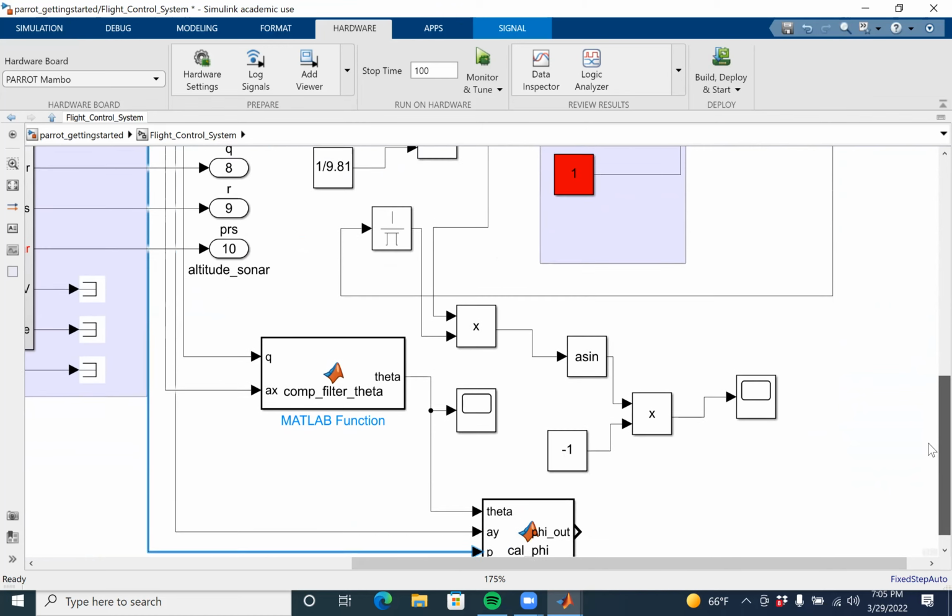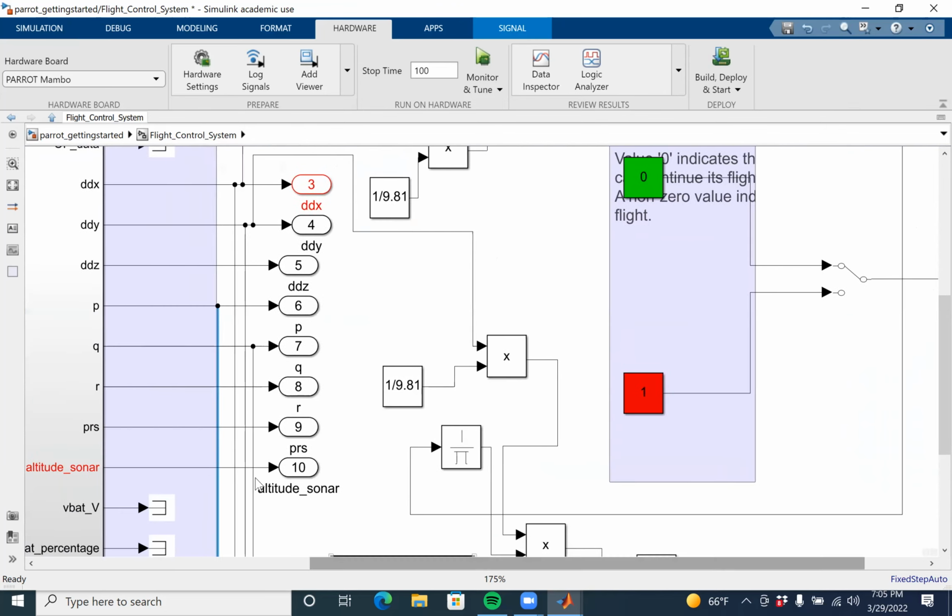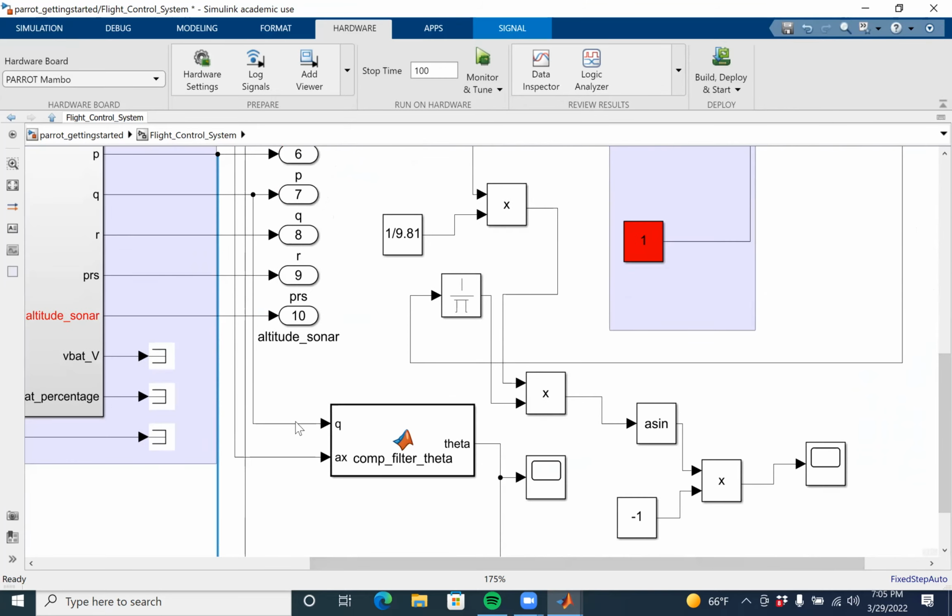P is connected to P. So see here, P, and this guy should be connected to Q. Okay. So with that, we are ready to program our Mambos.